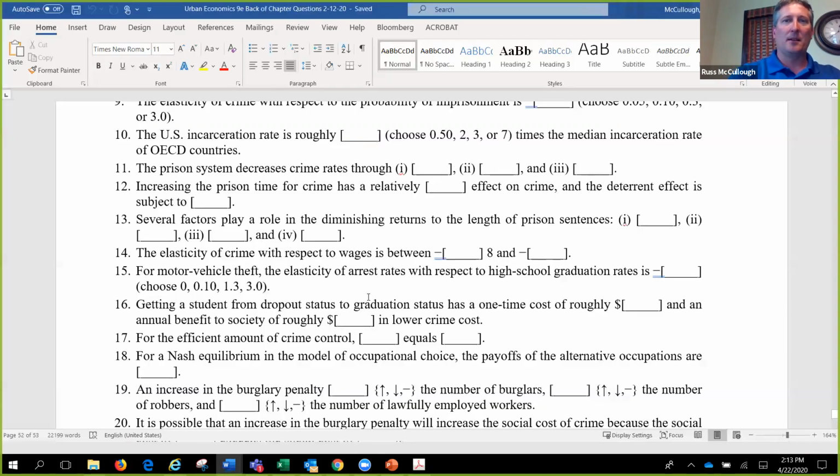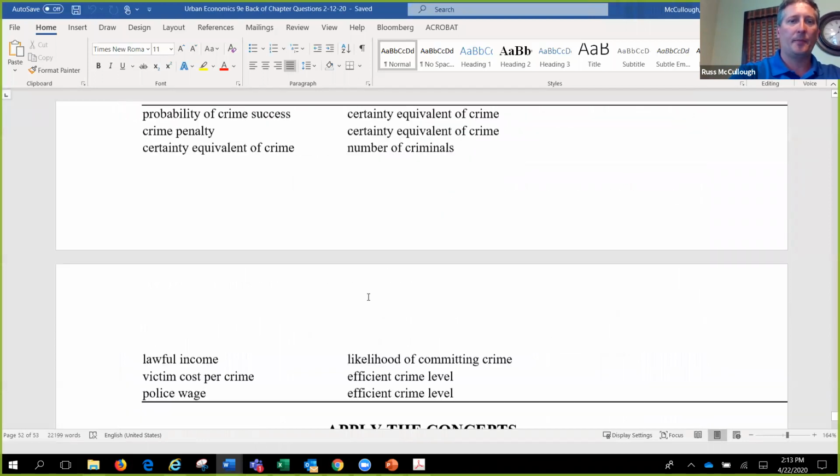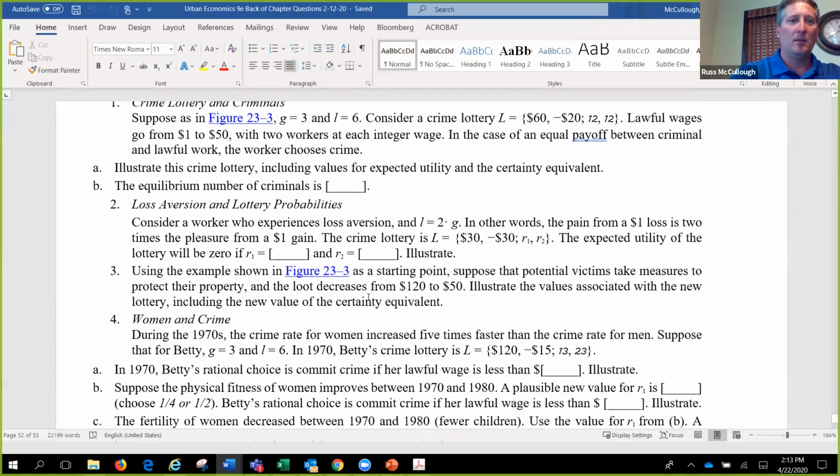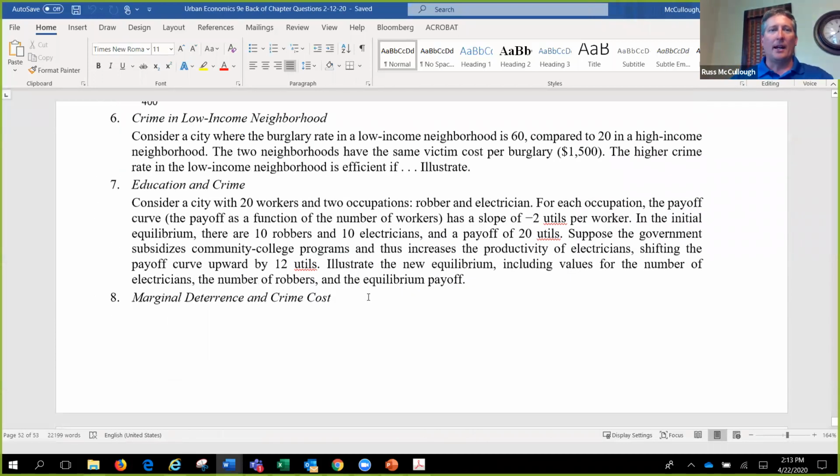Let's look at the problem first. All right, education and crime. Consider a city with 20 workers and 2 occupations, robber and electrician. For each occupation, the payoff curve, the payoff as a function of the number of workers, has a slope of -2 utils per worker.